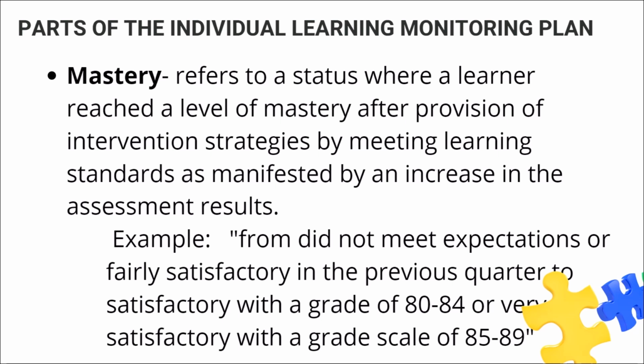For example, from did not meet expectations, the child now receives a fairly satisfactory or satisfactory grade, around 80 to 84 or 85 to 89, because of your intervention. So you have to check mastery if this is the case.